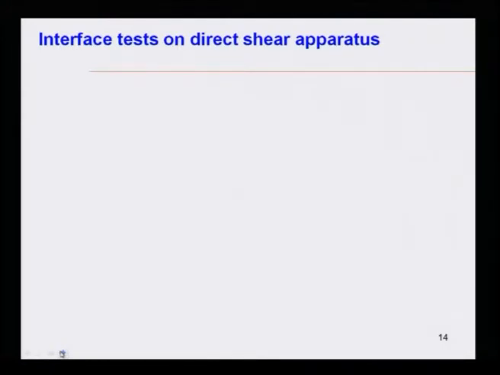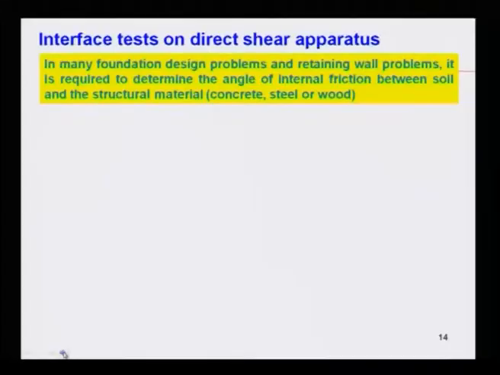Now, if I come back to here, the interface test on direct shear test apparatus. What is an interface test? In many foundation design problems and retaining wall problems, it is required to determine the angle of internal friction between soil and structural material.